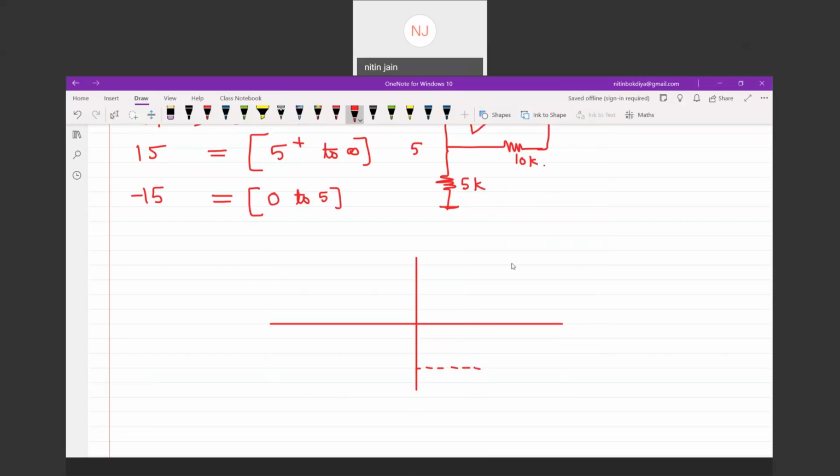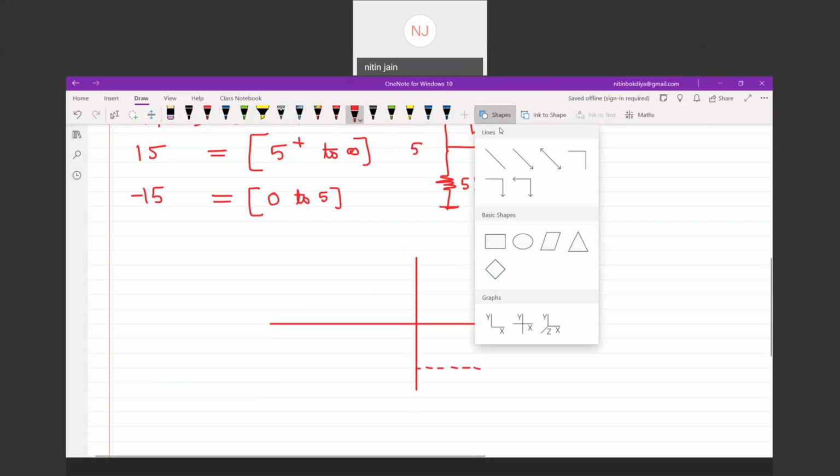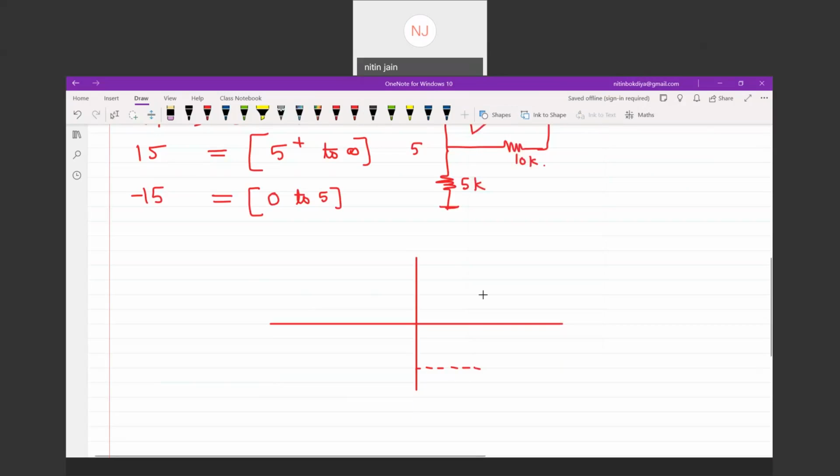This is at minus 15 volt. At this point, this will take transition, and after 5, it's a 5. This is V out and this is V in. This characteristic is a transfer characteristic.